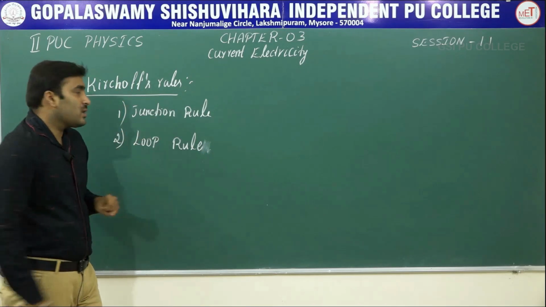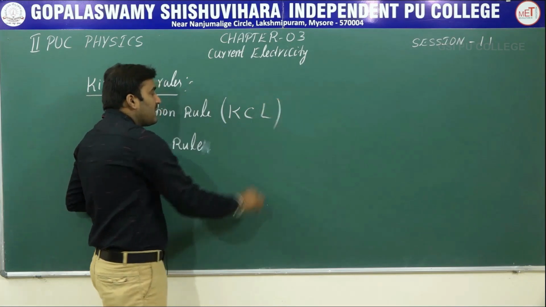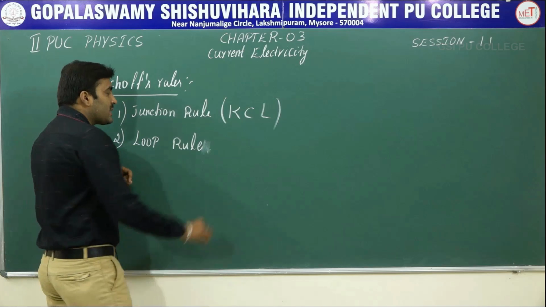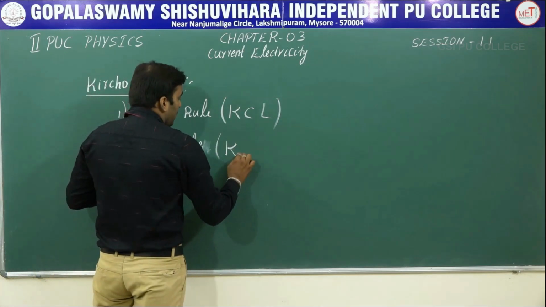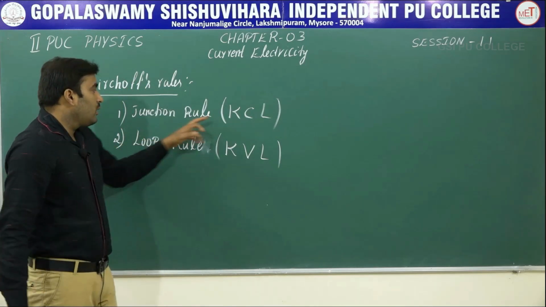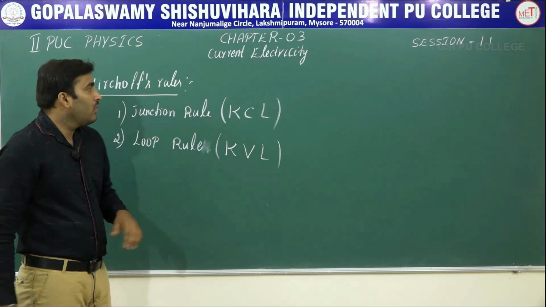Junction rule is also regarded as Kirchhoff's current law, KCL, and loop rule is also called KVL, Kirchhoff's voltage law.